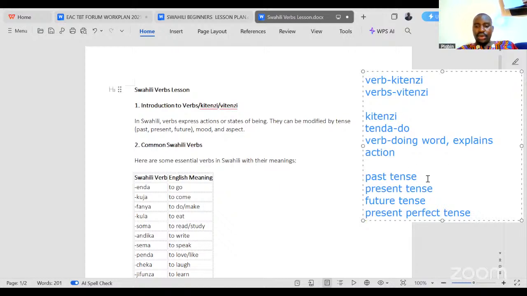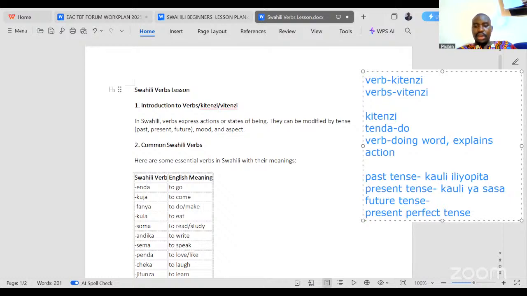With us, we call them kauli. The tenses are what we call kauli. So we have kauli iliyopita in past tense, which means that which has passed. This can be kauli ya sasa, what's going on now.